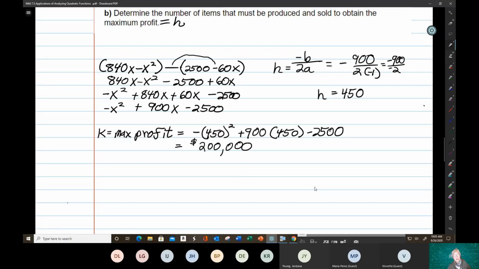Now, for me, that'd be more than enough. But maybe for some big companies it wouldn't be, but for small companies it would be. So that's your maximum profit. Your maximum profit is going to be $200,000 if you manufacture and sell, or produce and sell, 450 of whatever it is you produce and sell.